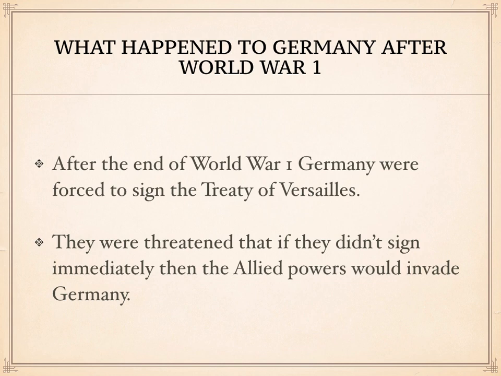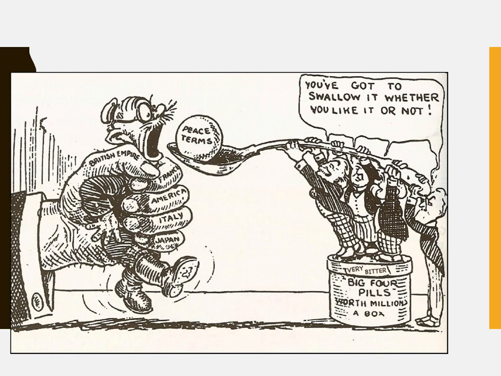So we'll go back. The last time we saw Germany was at the end of World War I and the Treaty of Versailles. So what happened to Germany after World War I? As we said, they were forced to sign the Treaty of Versailles, and they were threatened that if they didn't sign immediately, then the Allied powers would invade Germany.